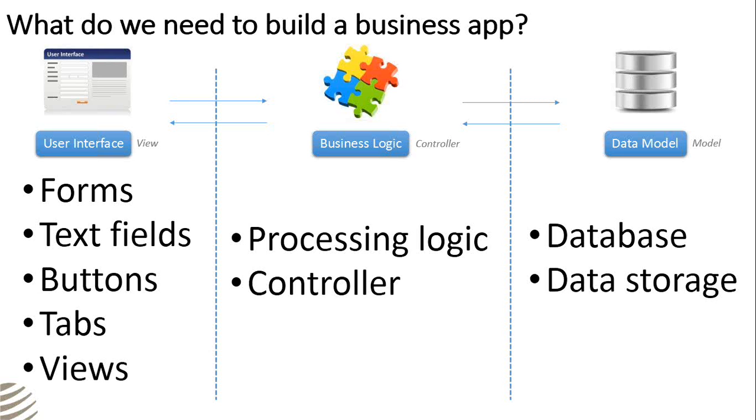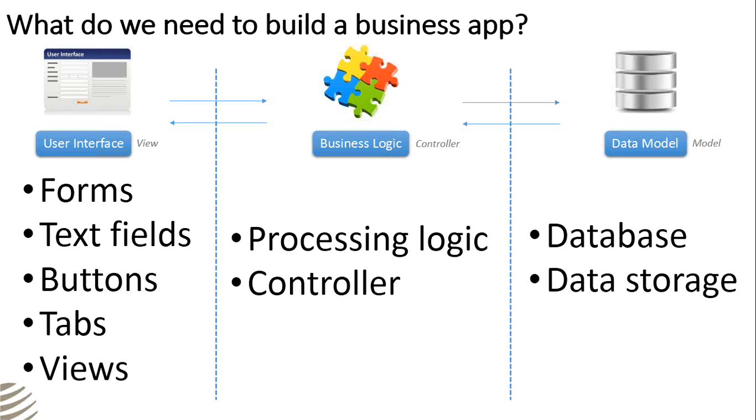How do we, what do we need to build a business application? So majority applications can be divided into three tiers, like user interface, business logic, and data model. If you want to divide it based on the design pattern, that is model view controller, the same, we can divide them in the three layers.